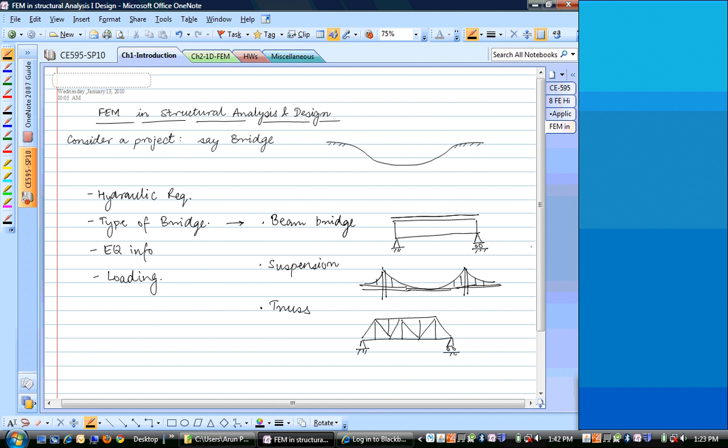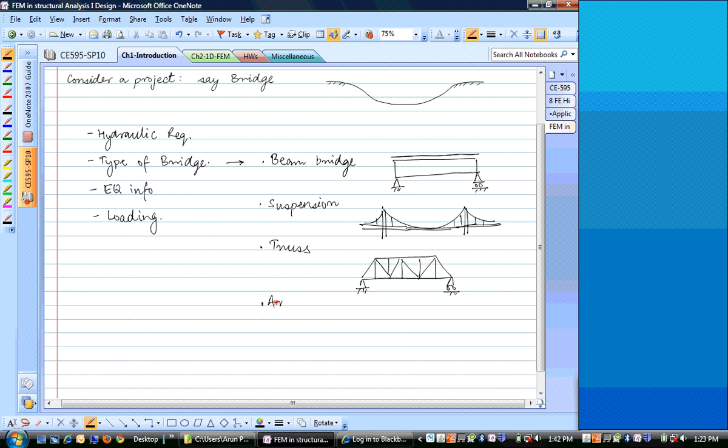Arch bridge, great. Anything else? Any other types of bridges?